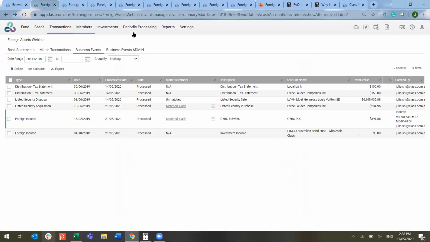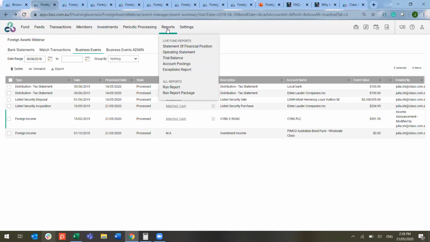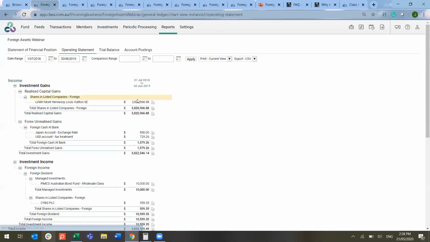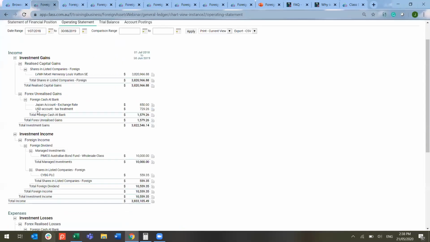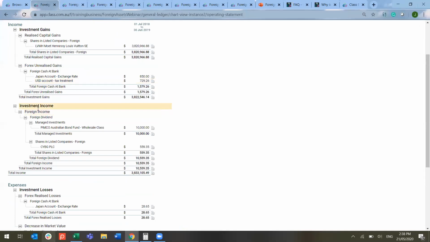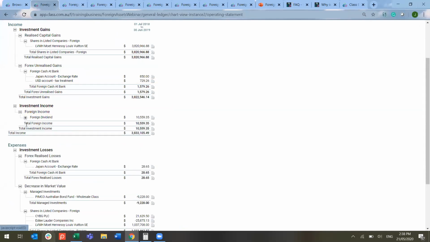So back to this fund, as we have already run the PEER updates, this foreign income tax offset has been calculated correctly. The way I do the calculation, this fund is 100% in accumulation mode, so I'm not going to take any actual percentage into consideration. The total of my foreign income this year is 10559.35.